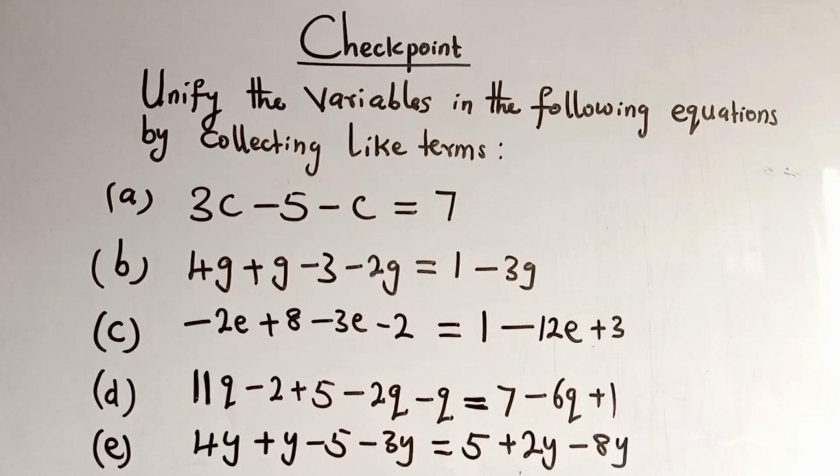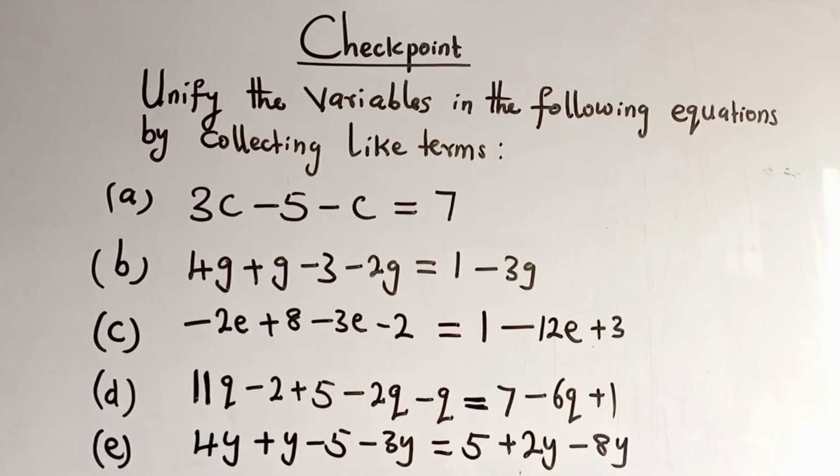Number A says 3c minus 5 minus c is equal to 7. Number B says 4g plus g minus 3 minus 2g is equal to 1 minus 3g. Number C says minus 2e plus 8 minus 3e minus 2 is equal to 1 minus 12e plus 3.